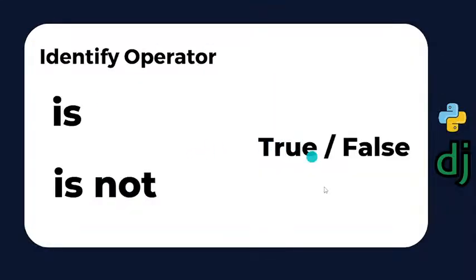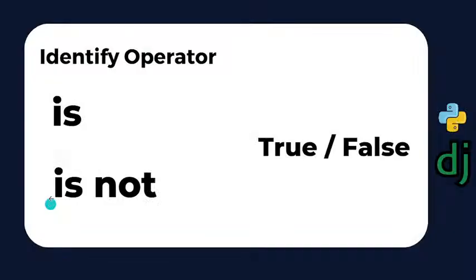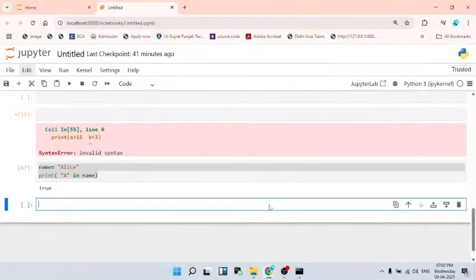Now identity operators. These are the identity operators: is and not is, these are the two. I just assign a is equal to a list 1, 2.